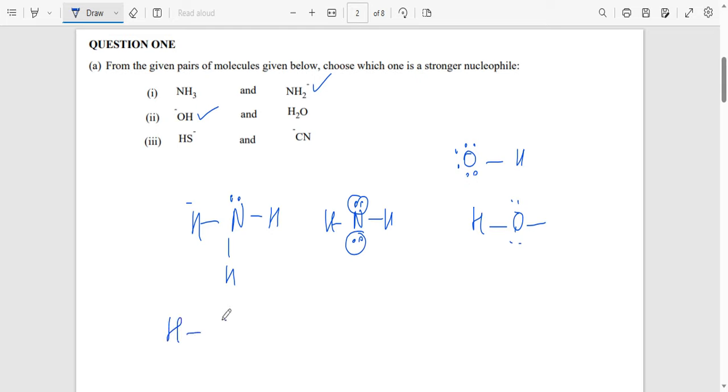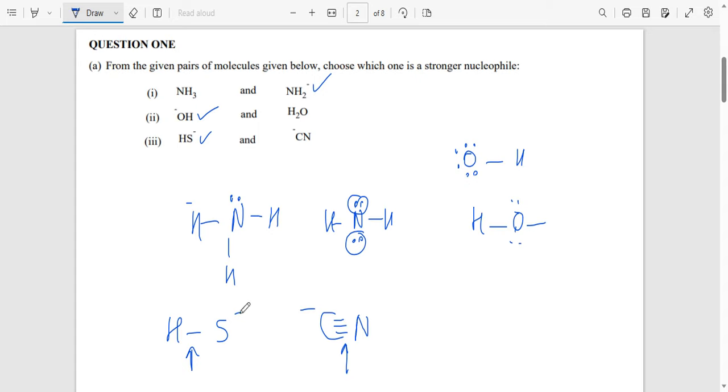If we talk about HS, we can see there's a negative on sulfur, and then in cyanide, there is a negative on the carbon. Now, because sulfur is a bigger atom, and because the polarity of this bond is going to be higher than the polarity of this bond, this is going to be a stronger nucleophile. If you consider the difference in electronegativity, hydrogen is in group 1, sulfur is in group 6.